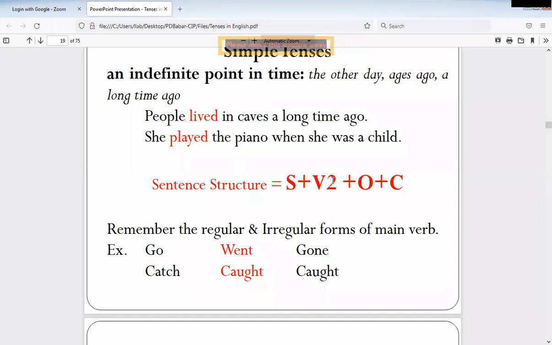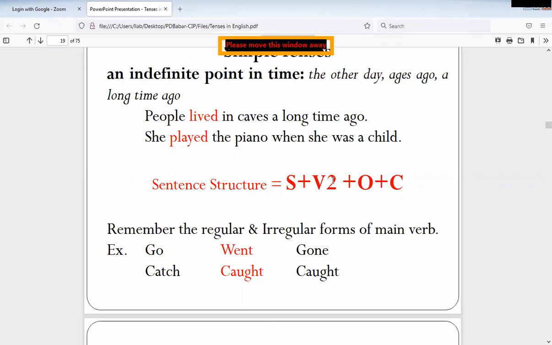Also, we have to remember some things: what are the regular forms of the main verb and what are the irregular forms of the main verb. Let's discuss it with examples. If the verb is go, then its past is went and its past participle, or V3, is gone. Go, went, gone. This is an irregular type of verb.